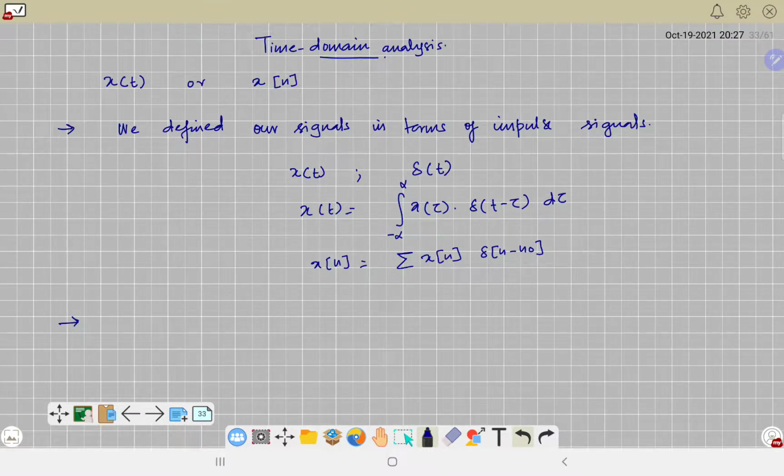And whatever analysis we did, it was in the time domain itself. Okay, so x of t, or whatever your signal was, was expressed in terms of delta t. Then here also t, here also t.